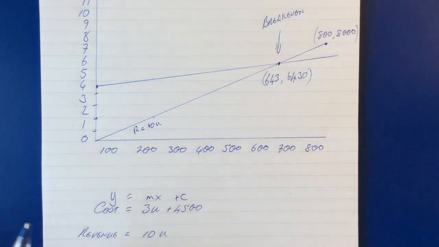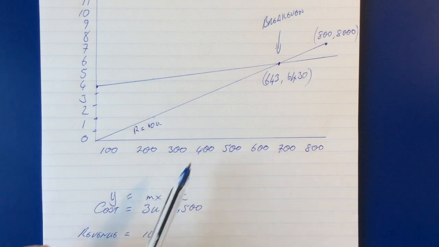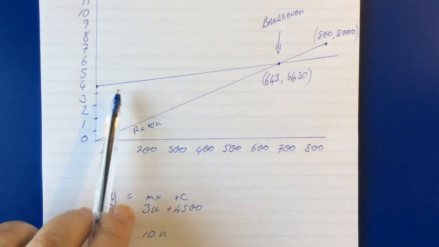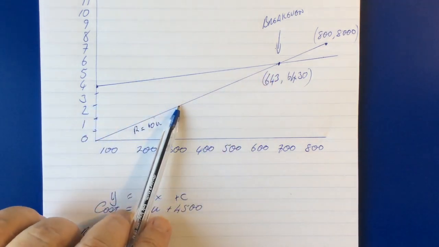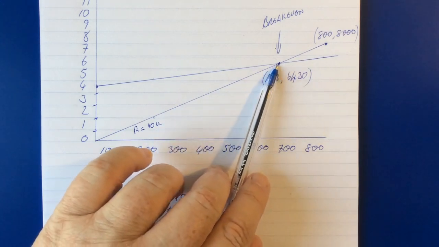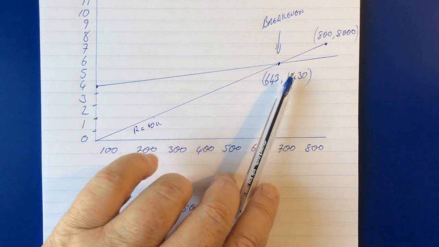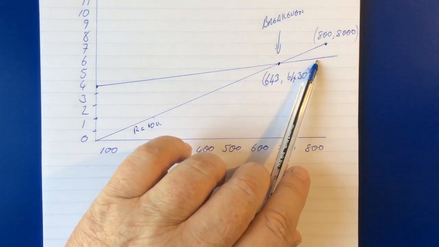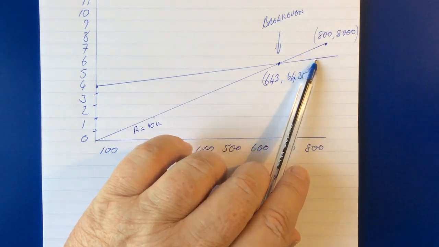So just to reiterate, loss making before here, this is the cost line, this is the revenue line, break-even point here, revenue equals cost. Here revenue is greater than cost, and that gives us a profit.